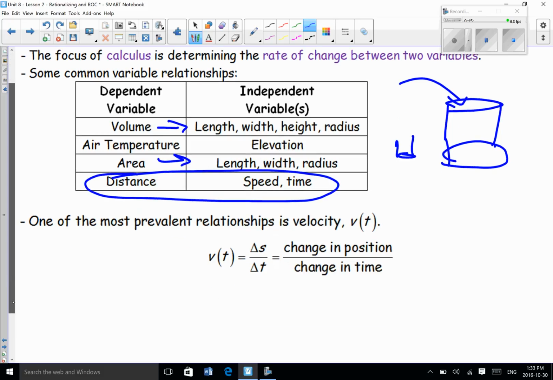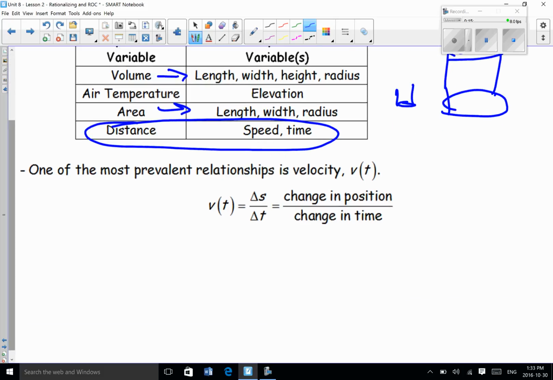So let's look at that last situation. Velocity. We talked about velocity when we did vectors, and velocity is a vector because it has a direction and a size. And the way velocity really works is over time, you change your position. So my position is changing with time, right? So we can say there is a change in position.